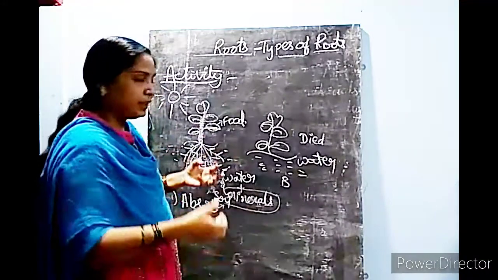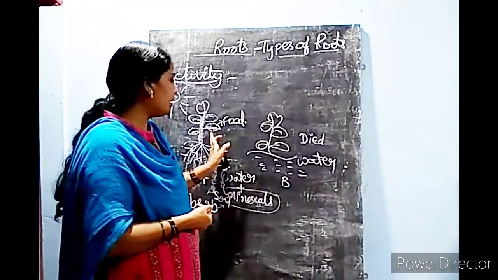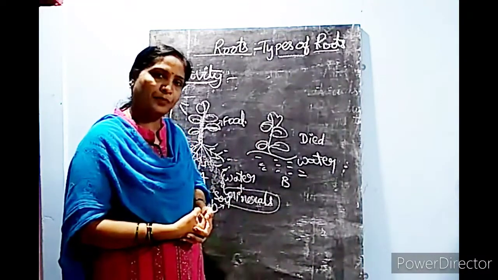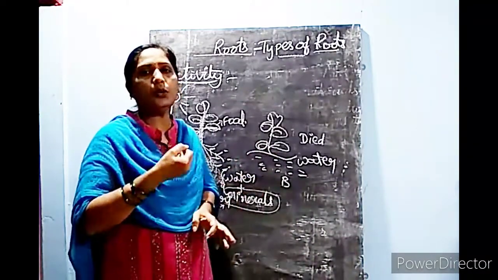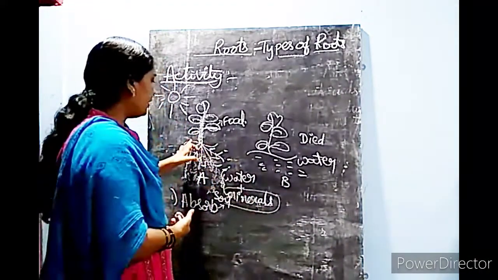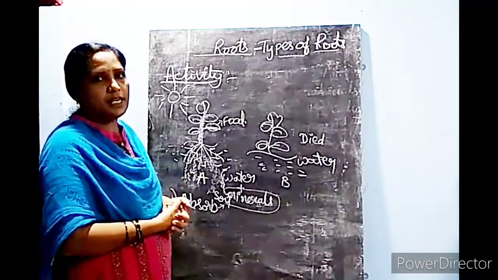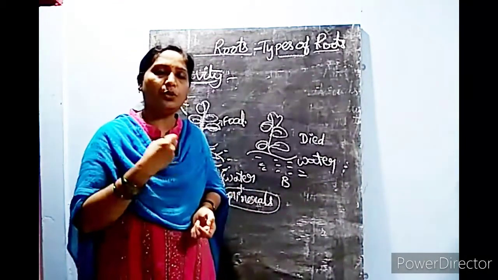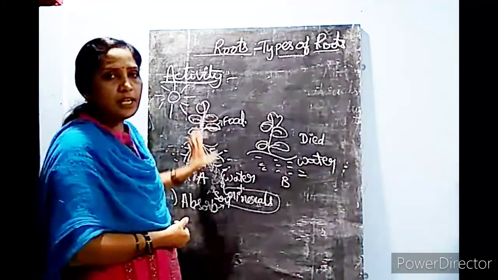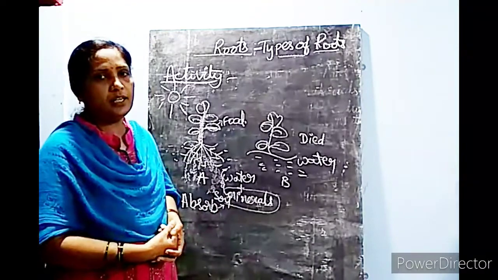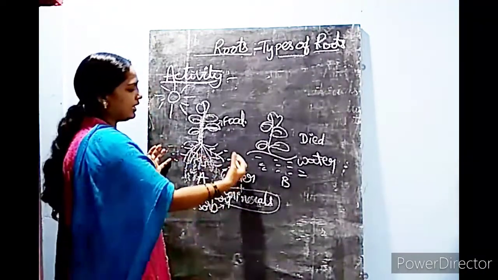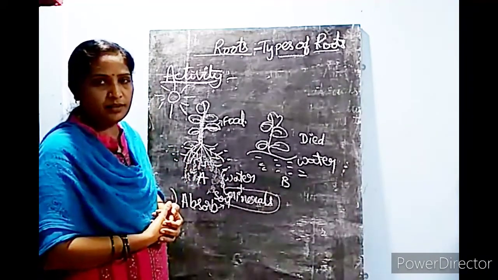And when you try to pull out these two plants, which plant can you pull out very quickly? Yes, plant B can be pulled out very easily because there are no roots. When you try to pull out plant A, it will be a little difficult because the roots are fixing the plant firmly in the soil. These roots are taking the support of soil.